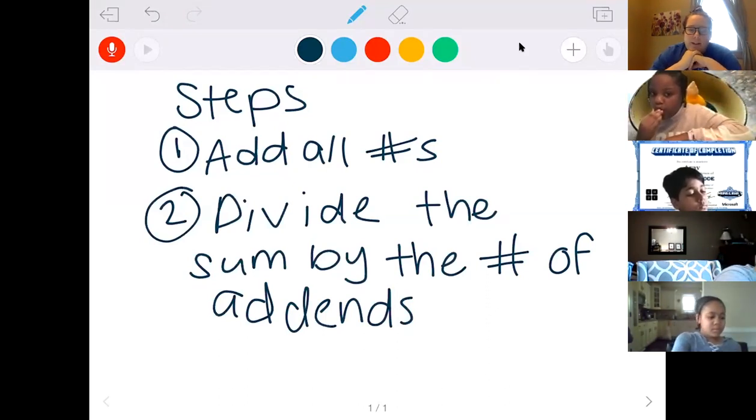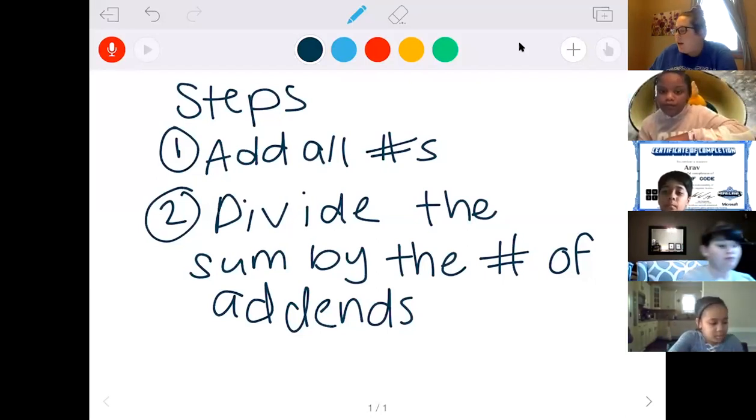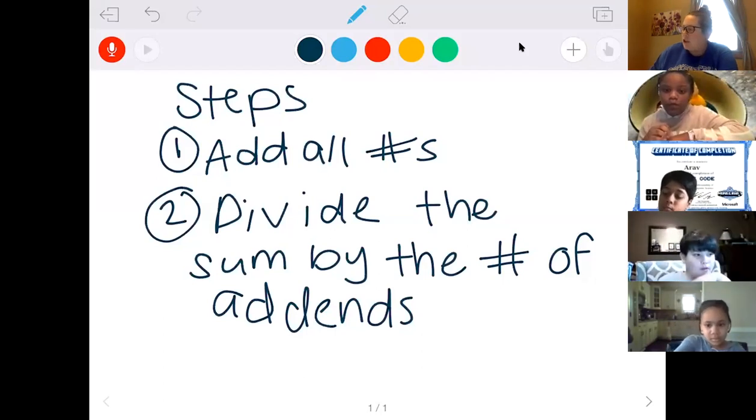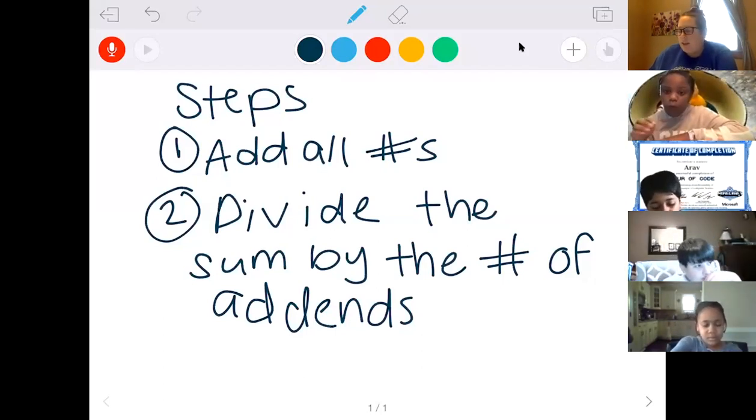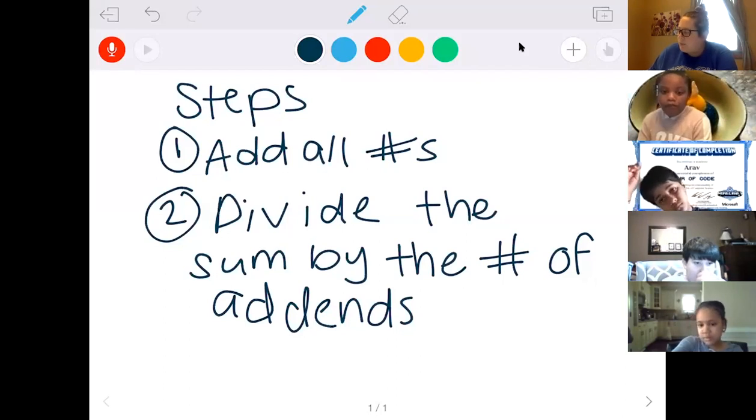Once you get into 5th grade, I don't think we'll do it in 4th, but you go on to mean, median, mode, and range. And it's just taking the numbers and just doing different things with them. And it's real simple, mostly just adding and subtracting. But once you get on these, you'll be flying with these. They're pretty easy. After we test on this, looks like we're going to go into measurement.